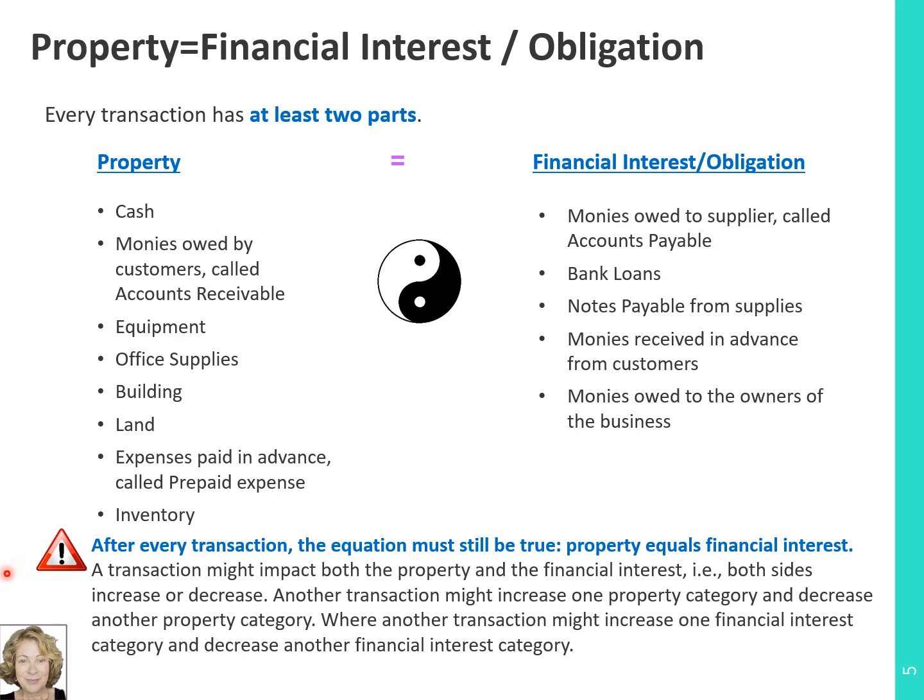Another transaction might increase one property category and decrease another property category, where yet another transaction might increase one financial interest category and decrease another financial interest category. After every transaction, though, the equation must still be true. Property equals financial interest.